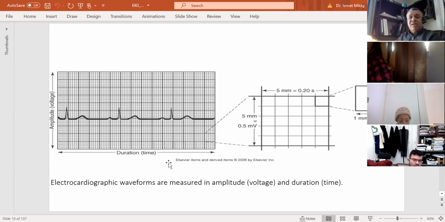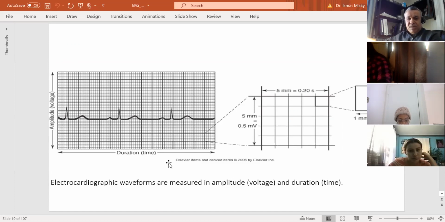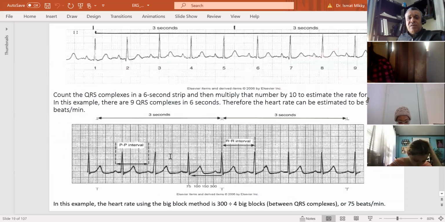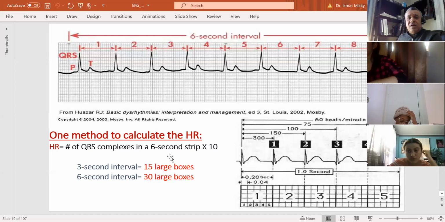One of the basic assumptions, which most of the time students will overlook, is a very basic concept in the interpretation of EKGs. When you have an EKG strip like this one, don't forget this is the first thing you would do before you do anything.